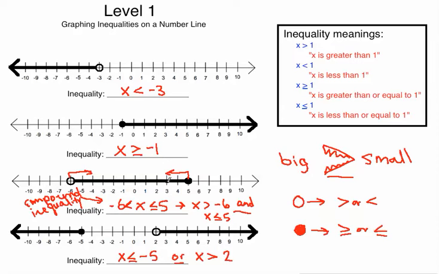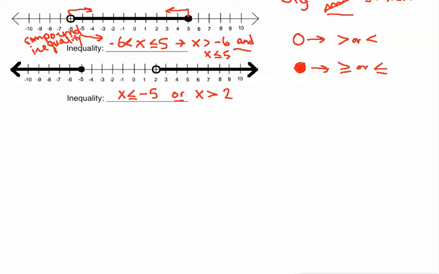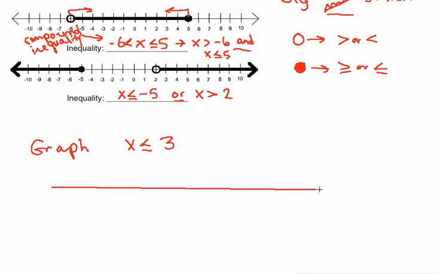You might be asked to, for example, graph x is less than or equal to 3. Then you would just create a number line with arrows. This isn't rocket science, you just graph 3.